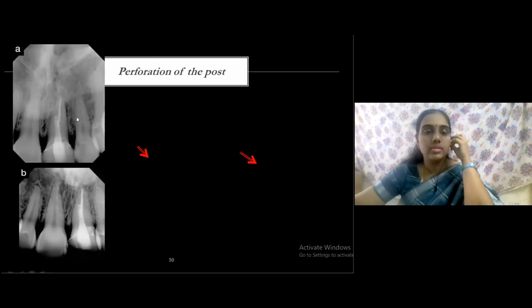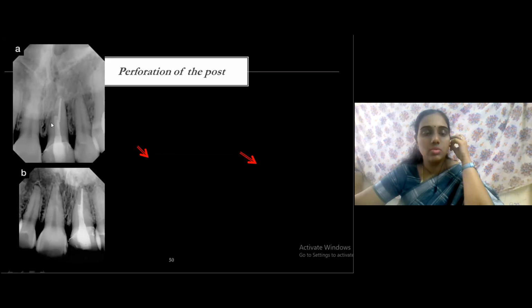So one more case. This is an intraoral periapical radiograph taken. You see this A image, where you could see that I was able to make out some widening of periodontal ligament space around the root surface here.